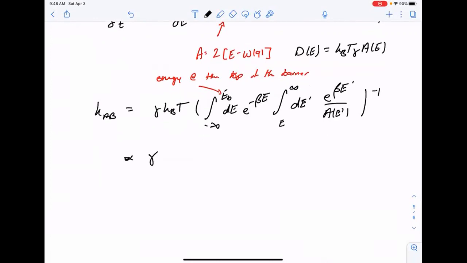That's the dissipation rate from the bath. So now the rate limiting step is that energy flow, which is then proportional to gamma, which is very different than the spatial diffusion rate, where the rate limiting step was actually moving in space, which was proportional to 1 over gamma. So we find a very different sort of scaling behavior here.